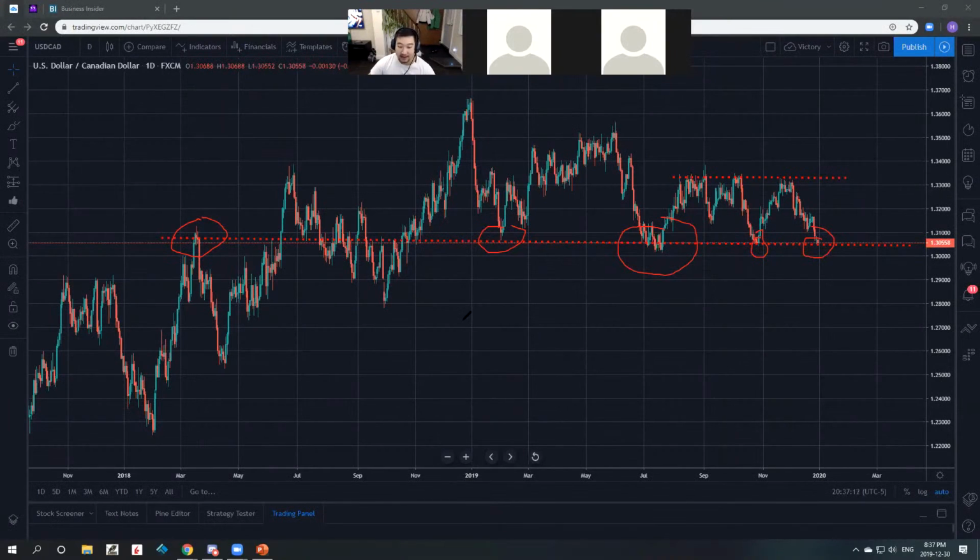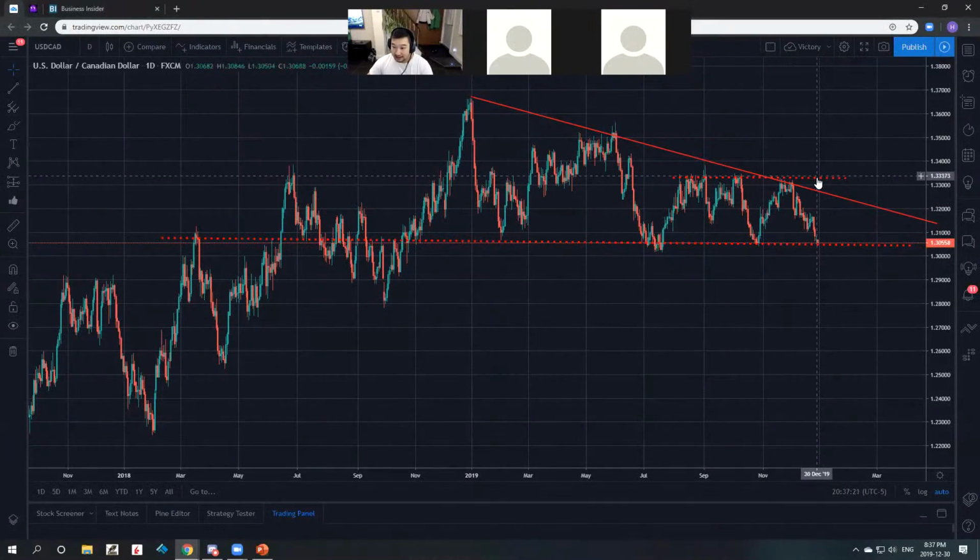If I have a downtrend like this, and you guys see this downtrend here, right? You see that sometimes the market overshoots here above that trend, and maybe even here, it overshoots it a little bit. That's fine. Sometimes it overshoots.